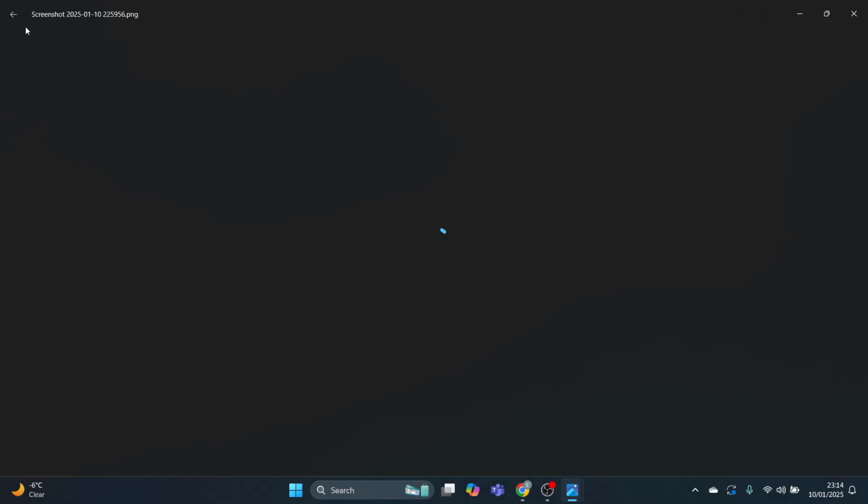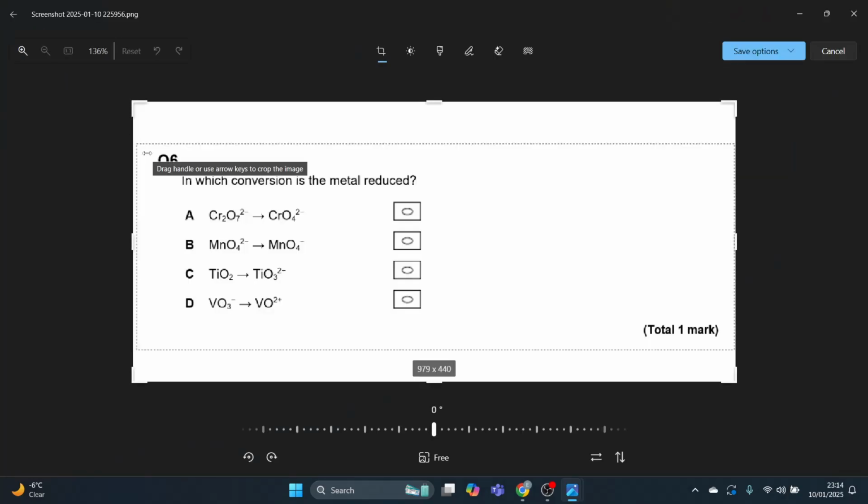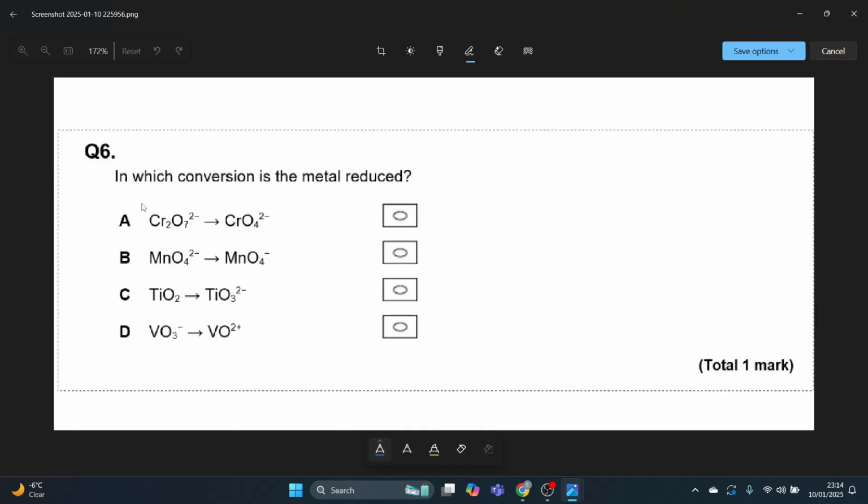Next one. Question 6, in which conversion is the metal reduced? The metal. So in this case, -14, that's +6, +12 to get -2. In this case, -2 times 4 is -8, that's +6.